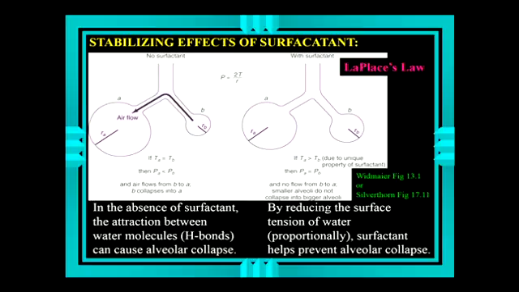So different sized alveoli produce different amounts of surfactant, making sure that the surface tension in the larger alveoli is proportionally larger than the surface tension in the smaller alveoli, which means if you key it into Laplace's law, the pressures will be equal.